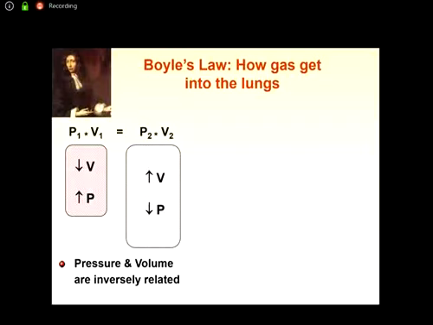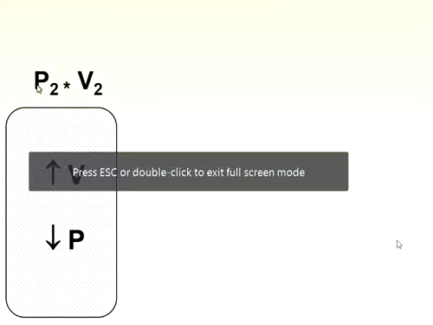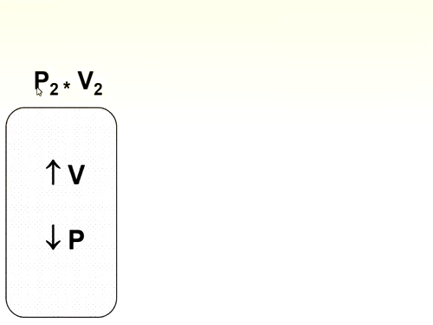As you can see, this equation shows that as volume 2 increases here, the pressure 2 will have to decrease proportionally to maintain the equality of the equation.